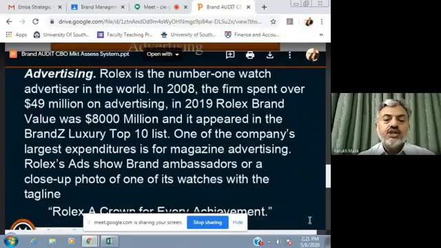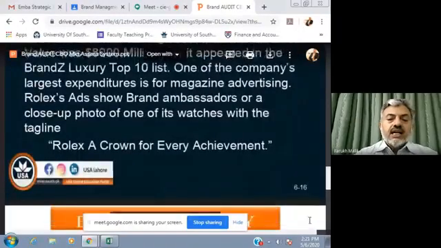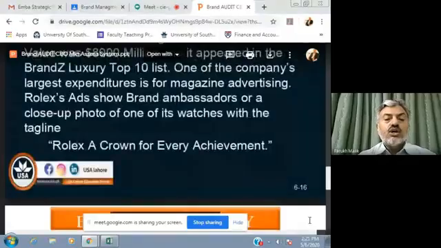Then there are special expensive magazines circulated in society, and Rolex makes sure its watches are advertised in those magazines as well. The ads show brand ambassadors or close-up photos of one of its watches with the tagline: Rolex, a crown for every achievement.